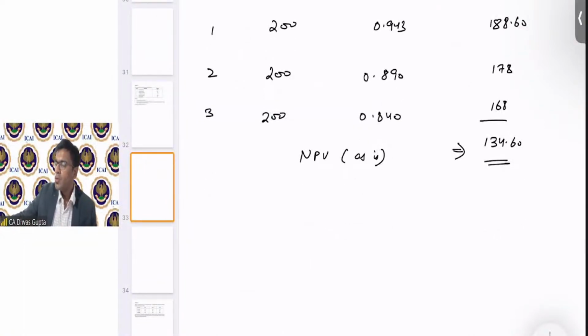Now 2.5% adverse variation in each variable will mean that first of all, the initial cost is going to increase by 2.5%, keeping all the other things same. That is our first case. Selling price is going to decrease, it will decrease from 100 to 97.5. The third factor will be variable cost will increase.